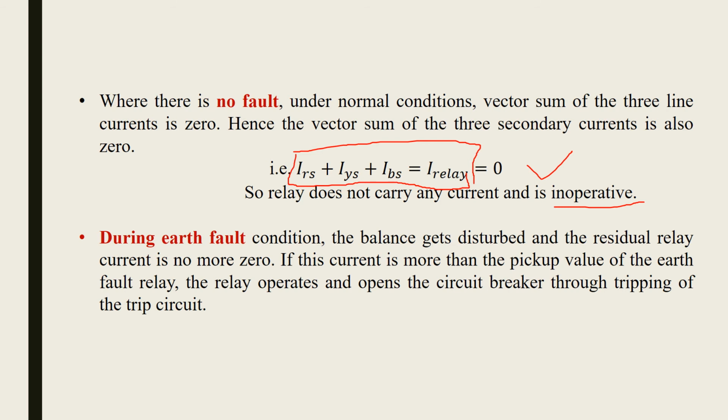Whereas during an earth fault condition, this balance gets disturbed, and hence the relay current is no longer equal to 0, and if this relay current is more than the pickup value of your earth fault relay, then the relay will operate and open the circuit breaker.